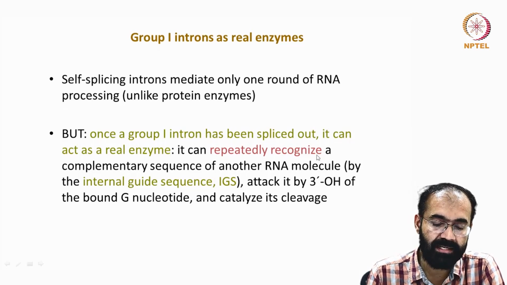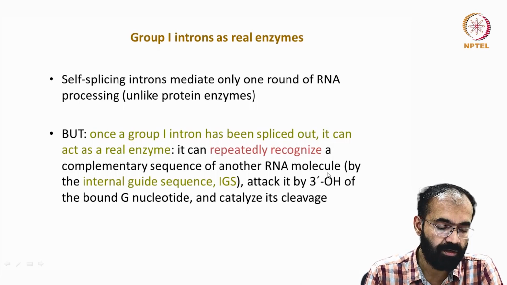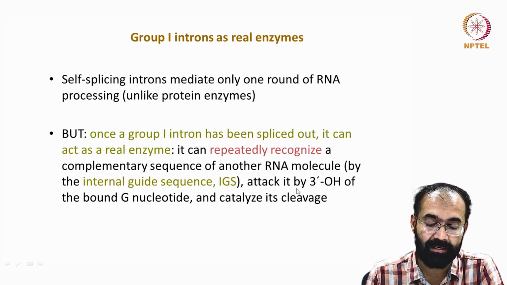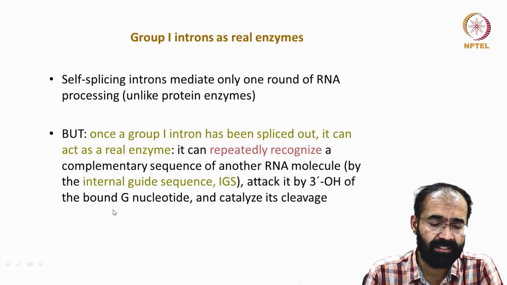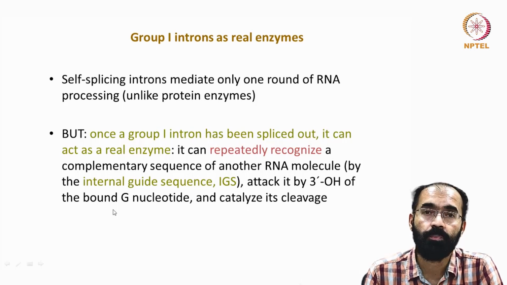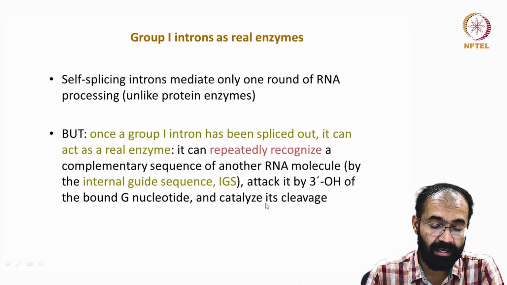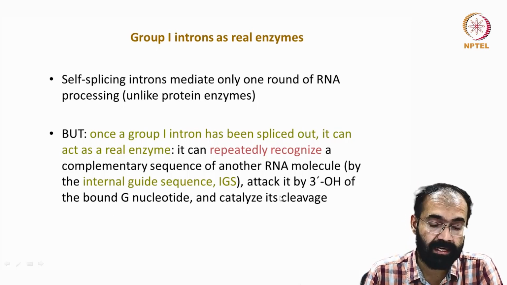It can repeatedly recognize a complementary sequence of another RNA molecule by a region called internal guide sequence, or IGS, that can attack it by 3' OH of the bound G nucleotide. Remember, this spliced out group 1 intron is holding an externally recruited guanosine whose 3' OH is always available for nucleophilic attack, and it can catalyze the degradation of various target RNA.